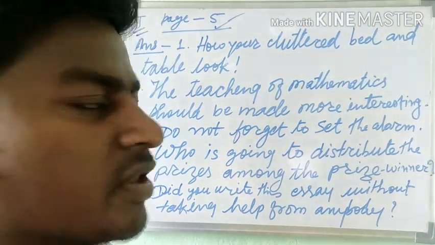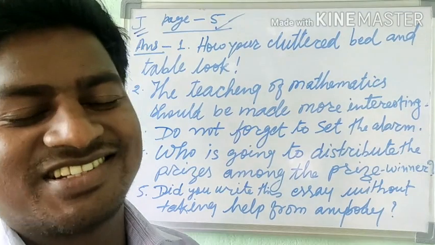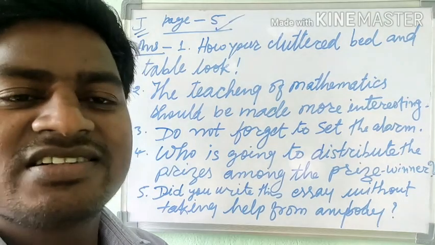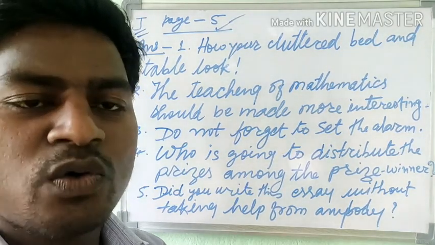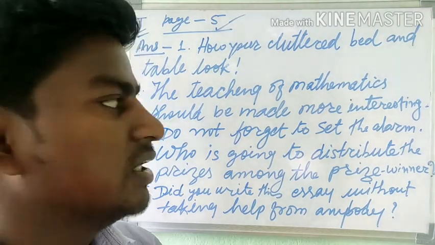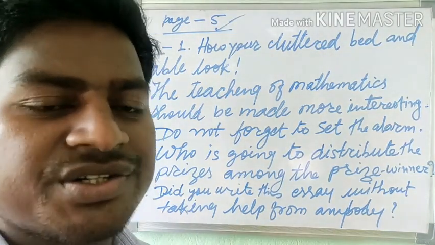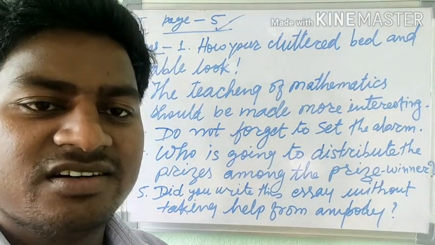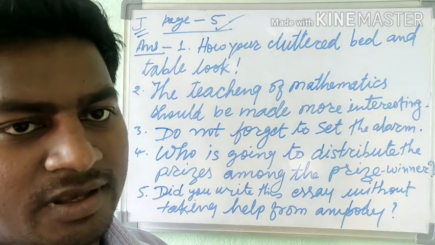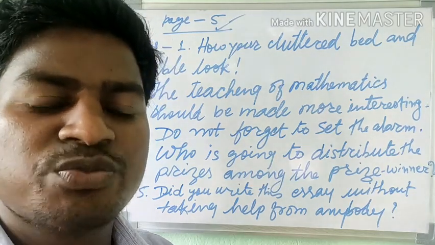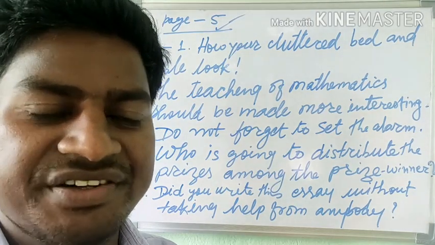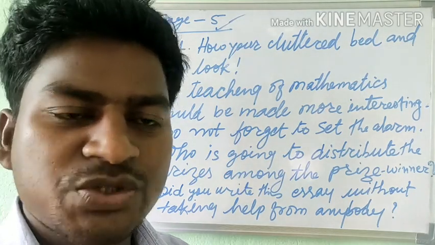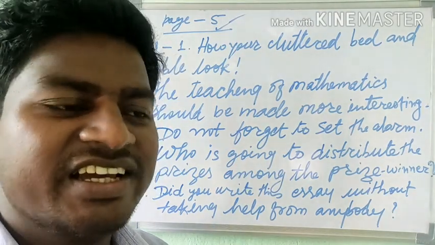In number J, there are some sentences and they are not well arranged, and those sentences we have to write according to what we are asked to make. If you notice, here I am not writing the questions, but you have to open page 5, number J. Look at the sentences there, and the word which has to be at the first is underlined, and at the end of the sentence, the kind of sentence we have to write is given.